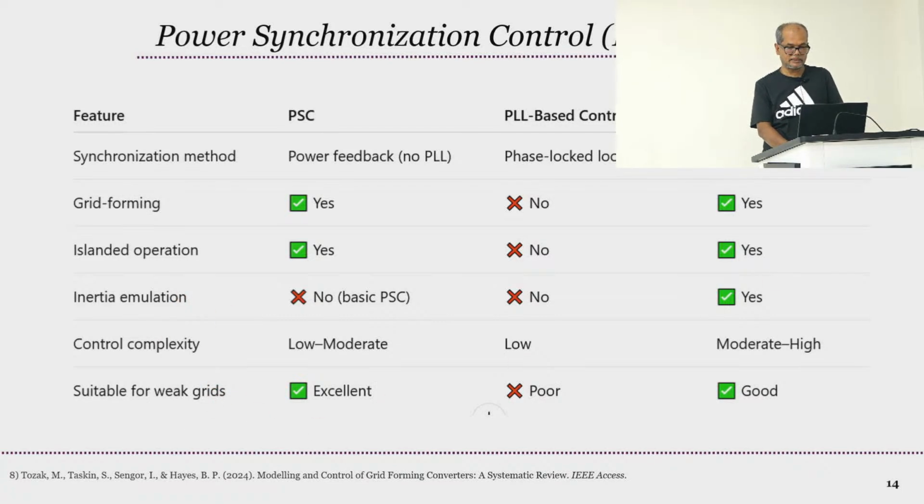This one is PLL based, which is grid following, so that's why you see many crosses here. For the PSC one that we talked about, we did not use the swing equation, so it cannot emulate the inertia for the system. But these two can serve the other operations that are needed.